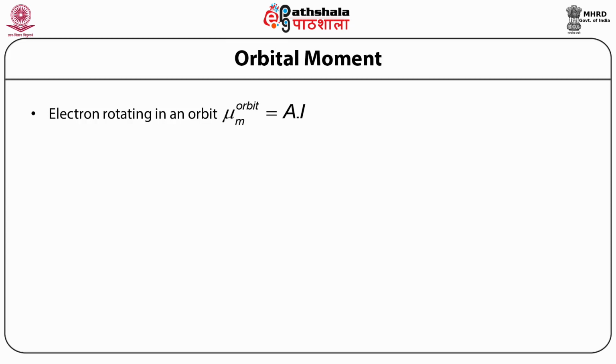As we know, the area is equal to pi r square, that is the area of a circle, and now let us evaluate the expression for the current.